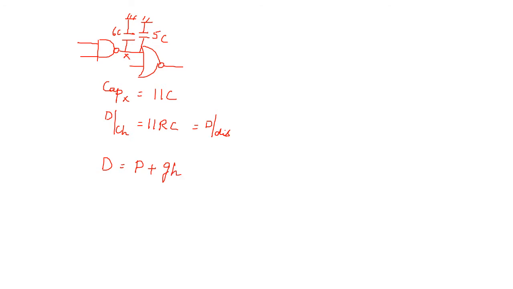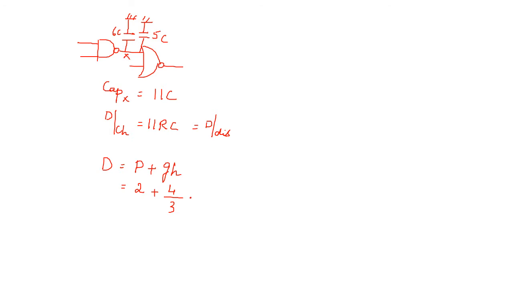What's the parasitic delay of a 2-input NAND gate? We have seen that it is equal to 2, plus the logical effort. What is the logical effort of a 2-input NAND gate? It is the input capacitance of the 2-input NAND gate divided by the input capacitance of a unit inverter, which is 4 by 3. And what's H?